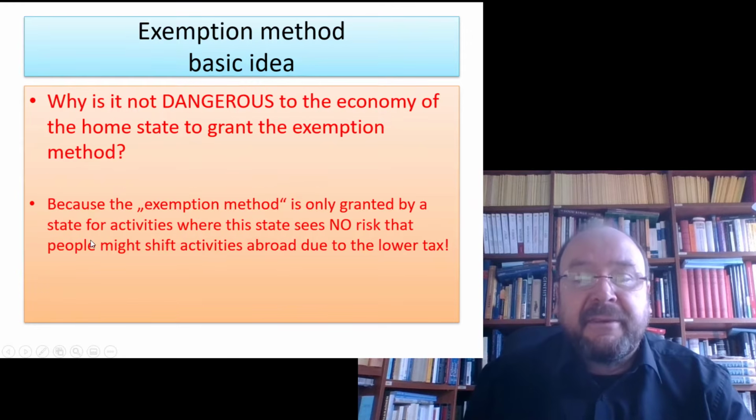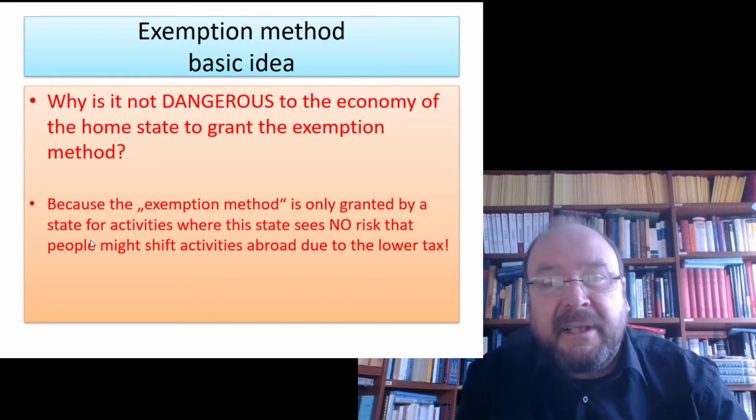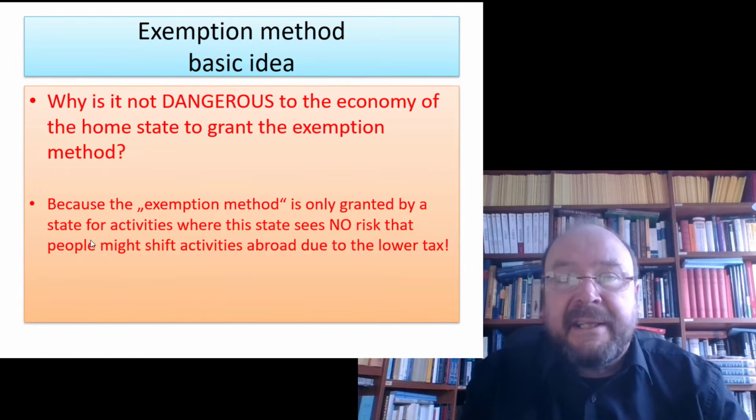So the first thing you need to understand is the exemption method can be regarded, at least from a theoretical perspective, as a very dangerous method. So you will offer it only under conditions and only for situations where you do not fear or do not have to fear that people shift investments which they otherwise would have made in their home state to another country.